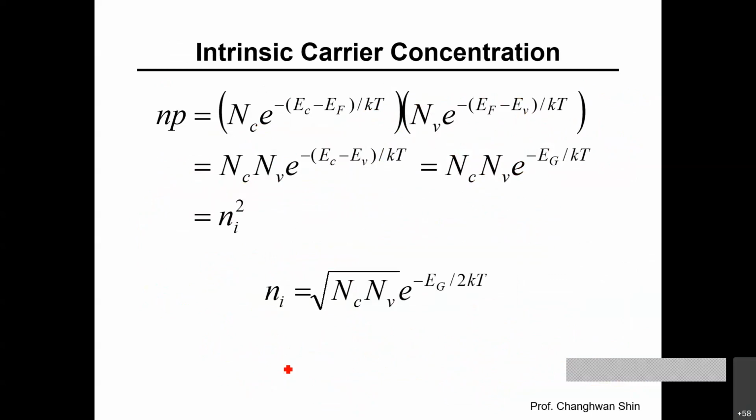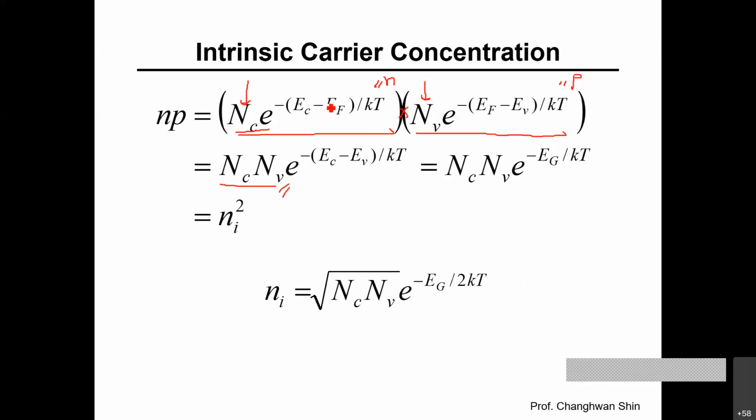So herein, you may see the N times P product. Previously, we have derived each equation for N and P. On the left-hand side, this whole thing is equivalent to the total electron concentration, and this whole term is matched to the hole concentration. If you do the product, those two terms, C and B, are constant, so you can have them in front of the exponential term.